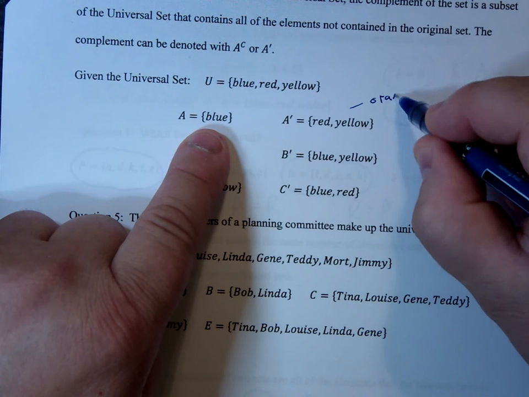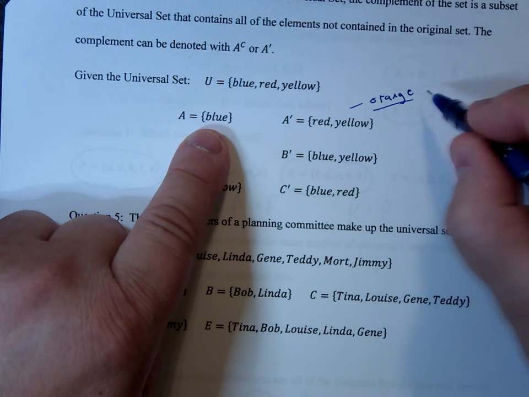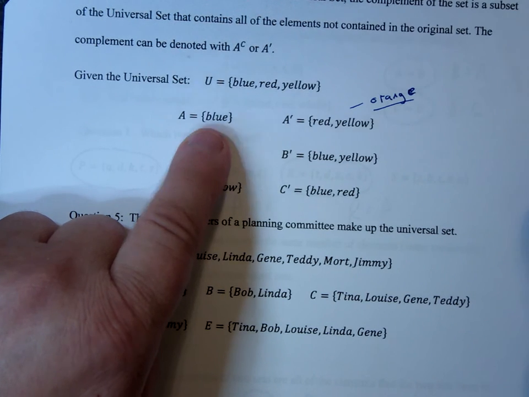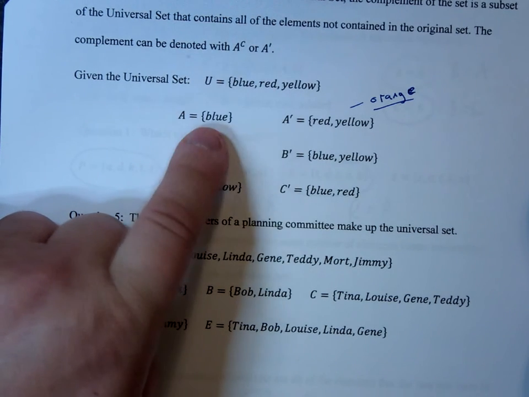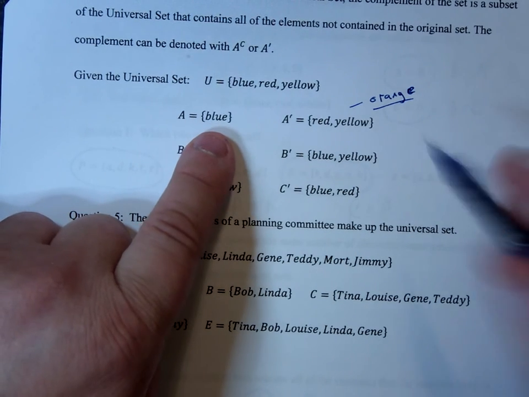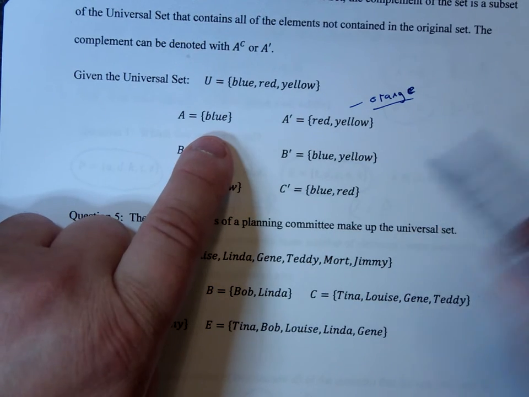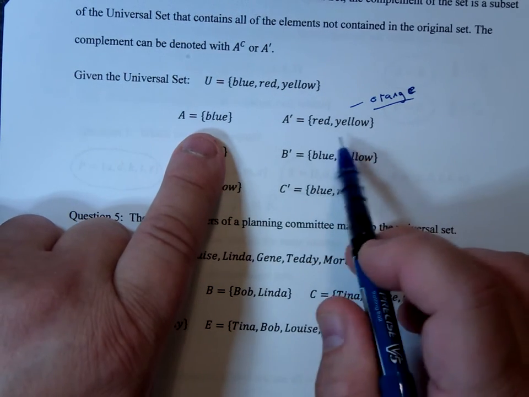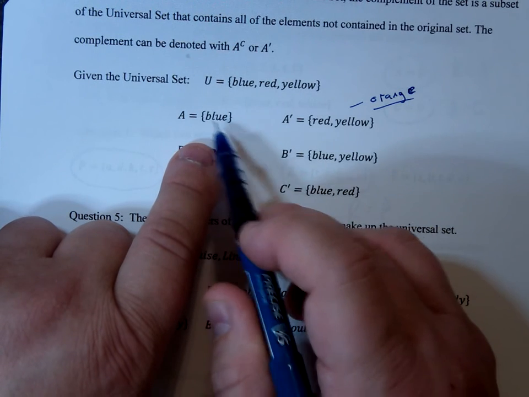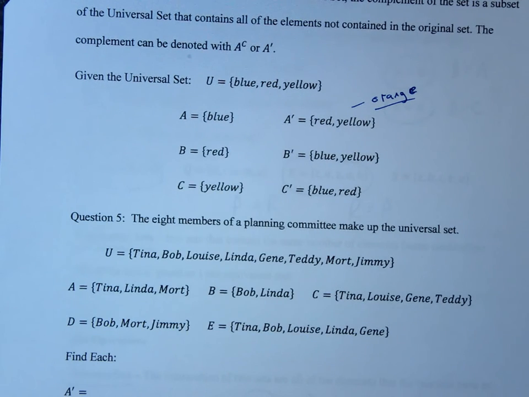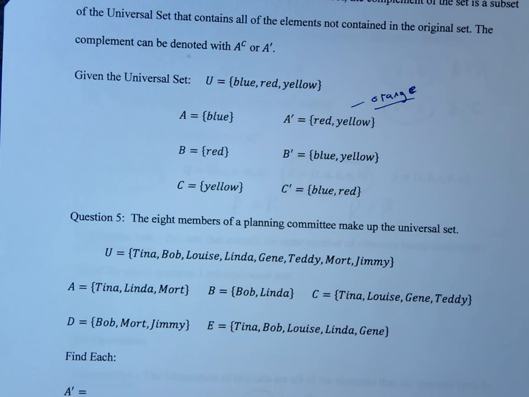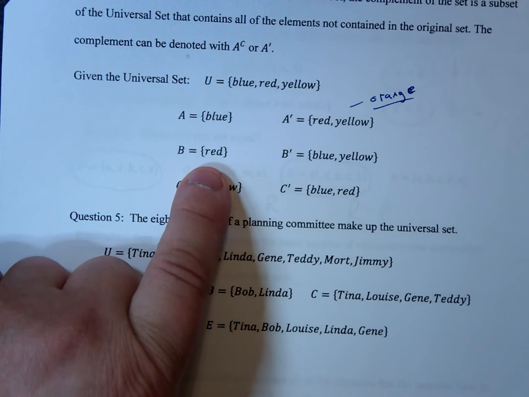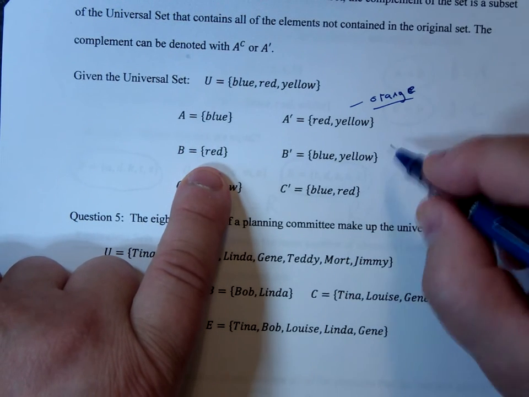And if you remember, red and yellow make orange. And for all of you art people out there, you learned with the color wheel, what is the complementary color to blue? Well, it's orange. It's the color across the color wheel. The reason it's called that is because the two colors that make orange are the complements of blue in that set. Just like red, what's the complementary color to red? Well, blue and yellow make green, right?